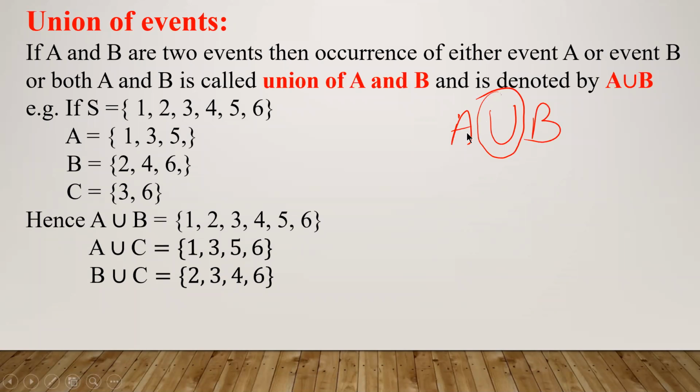So if either the event A or the event B occurs, or both, then we say that A union B has occurred. Look at what I've written here.